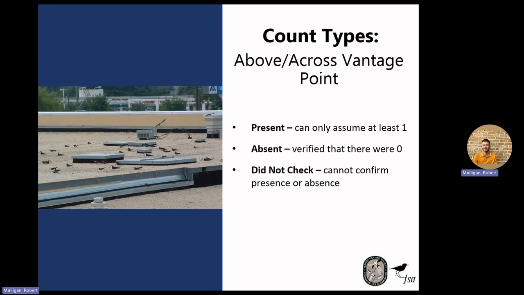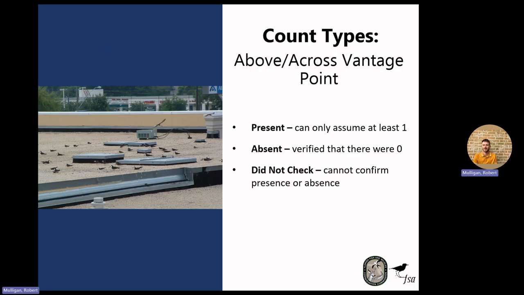If you don't have time for a direct or extrapolated count, you can report present or absent. These count types at least let us know whether a colony is active in the area. If you use present in lieu of a count, please note that present equals 1. So if you report present for nests, we are only able to say with any certainty that there was at least 1 nest.